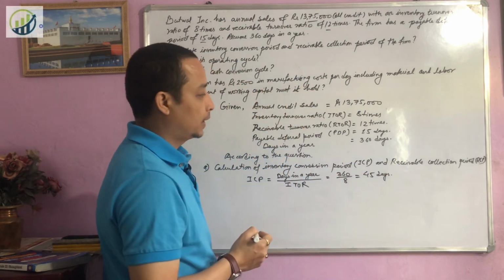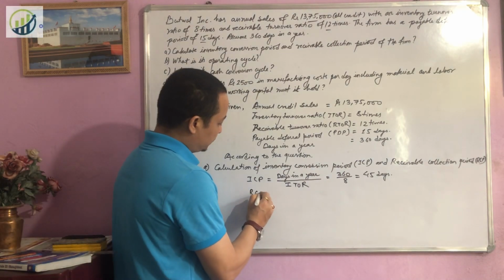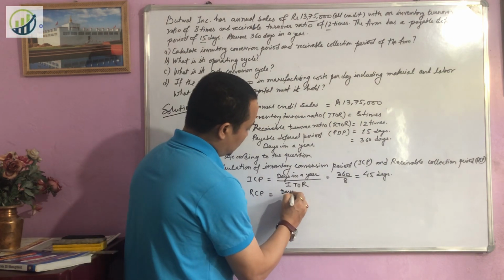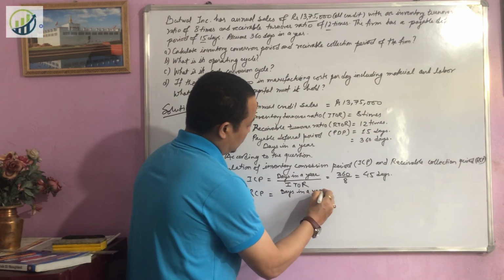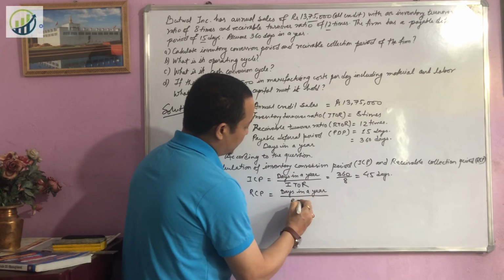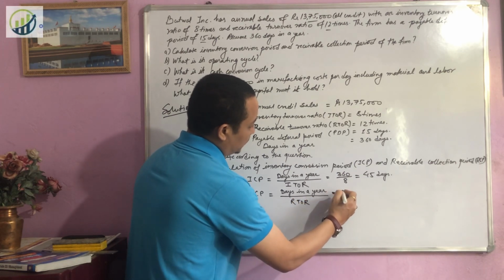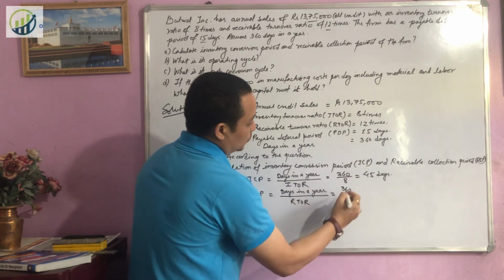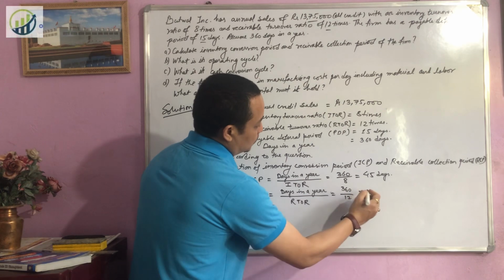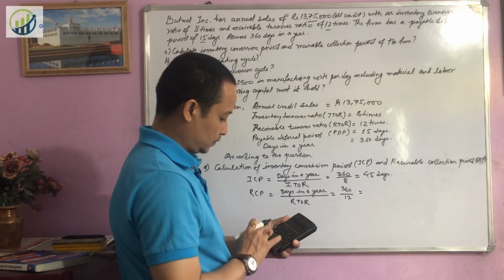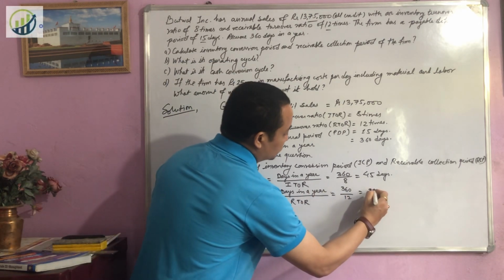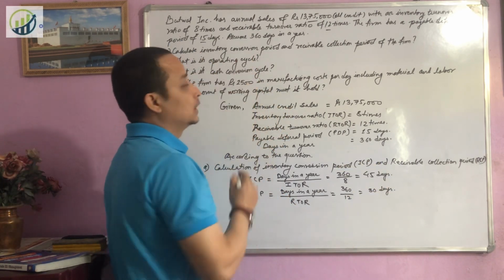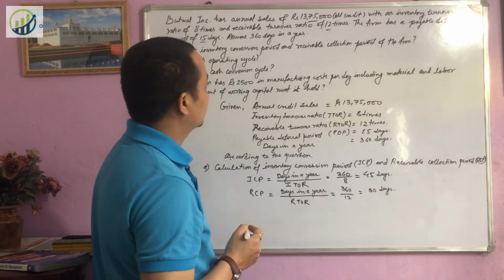Likewise, now you have to find the receivable collection period, RCP. Days in a year divided by receivable turnover ratio, 360 divided by 12 times, that is your 30 days. So you have got the answer for the first one, inventory conversion period and receivable collection period.